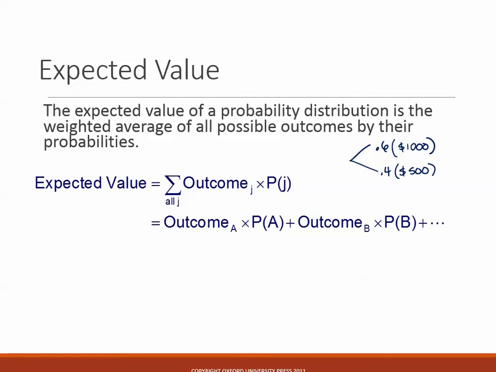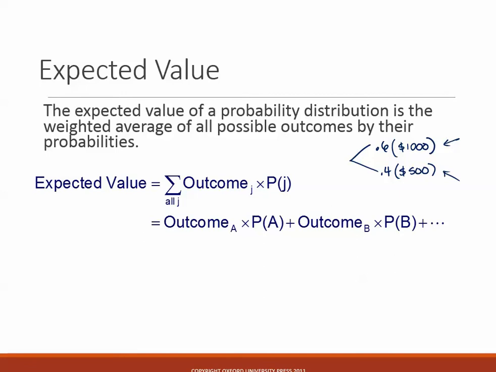The expected value is not the number you're going to get. Clearly, I'm going to get either 1,000 or 500 and nothing in between. But it's something that I can use to do a fair analysis with.